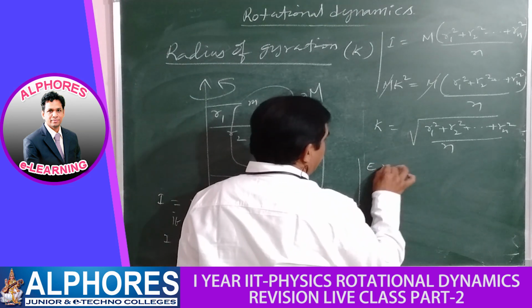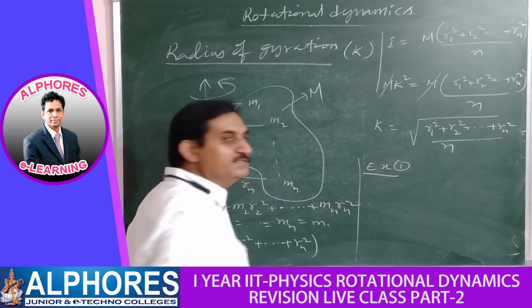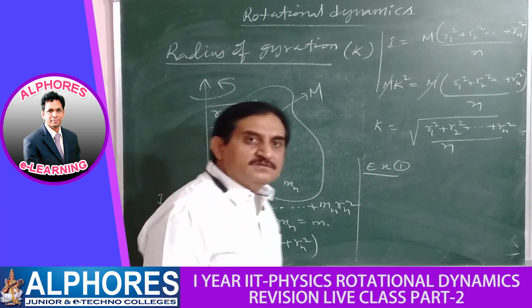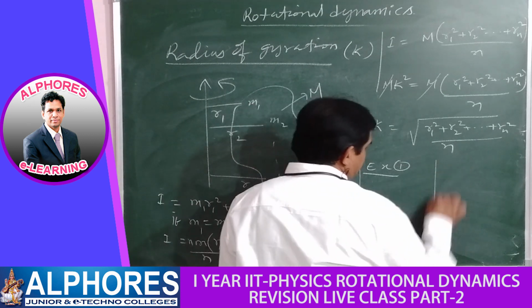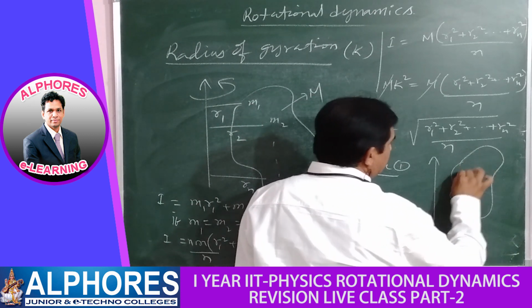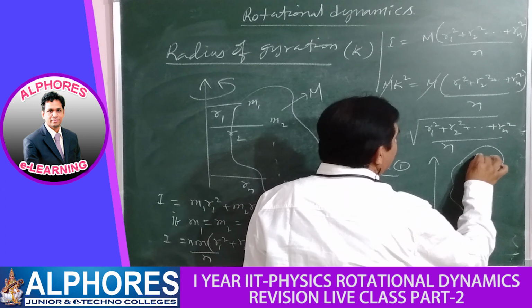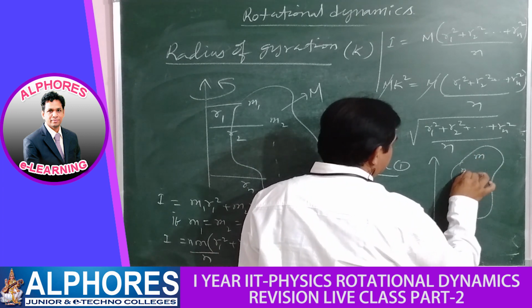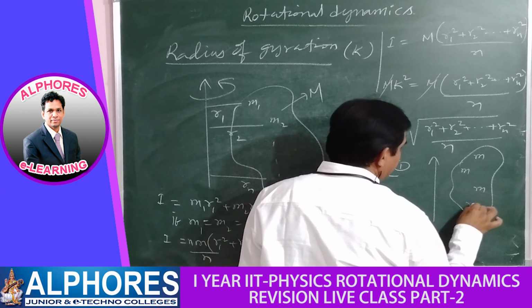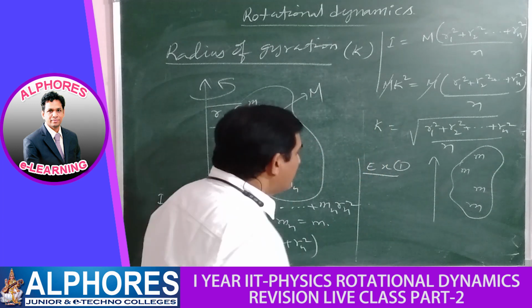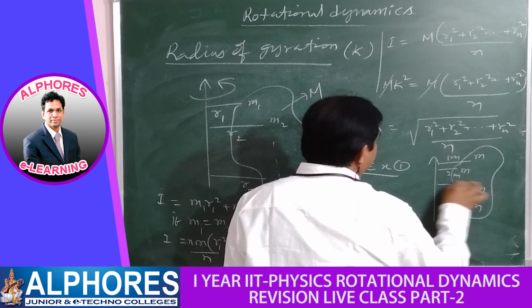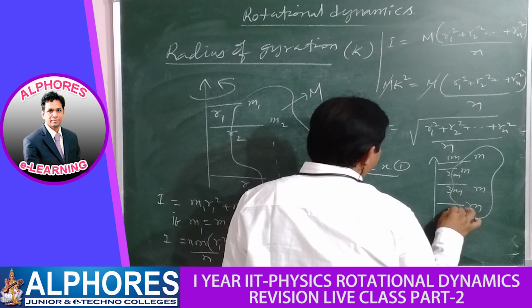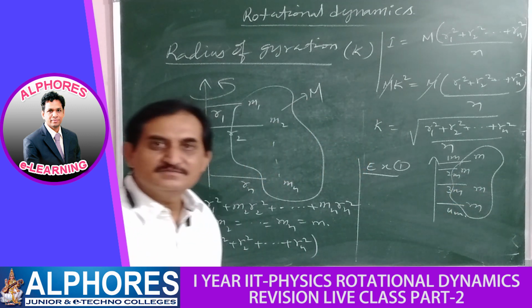Example 1. Suppose there are 4 identical particles in a system, each of mass m. These are at distances 1 meter, 2 meter, 3 meter and 4 meter from the axis of rotation.